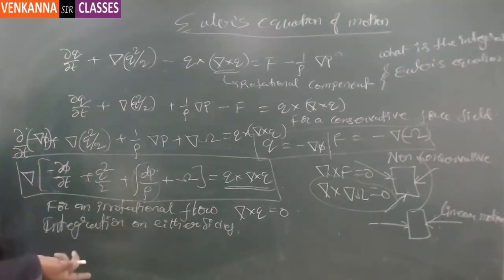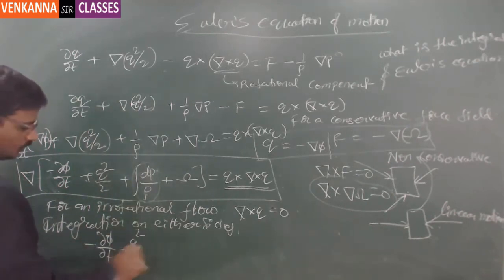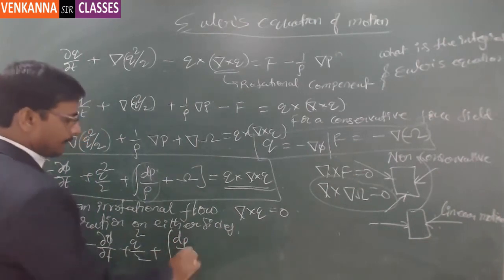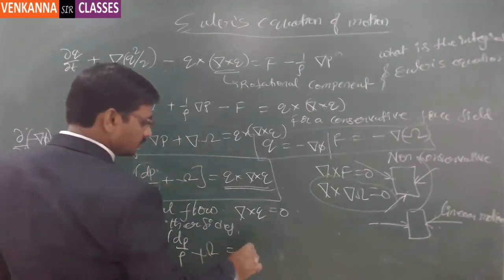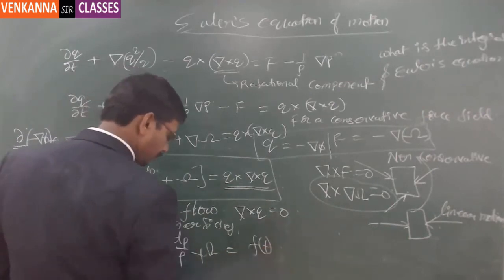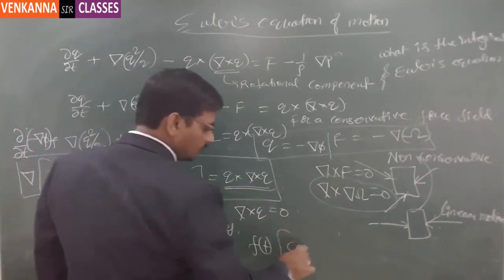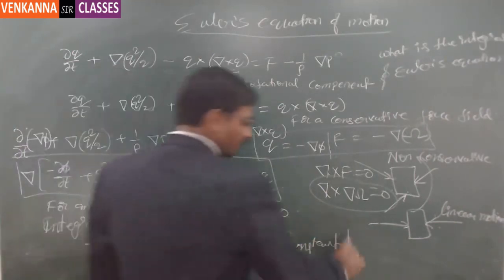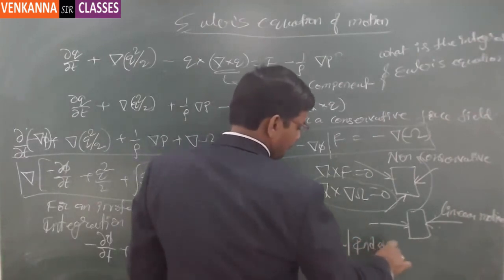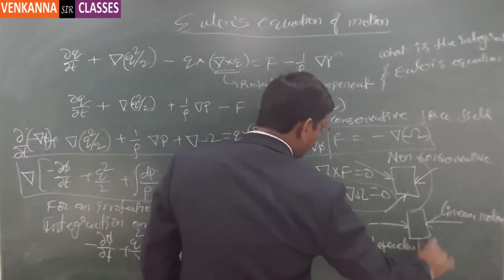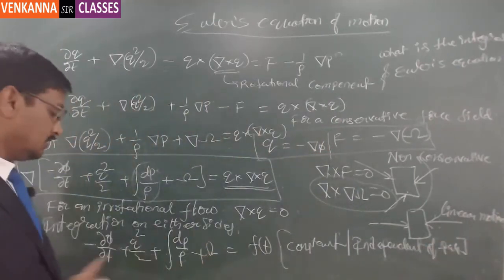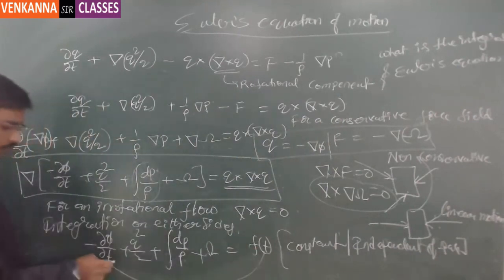So the constant may be a function of time. So this can be replaced with minus dou phi by dou t plus q square by 2 plus integral dp by rho plus omega is equal to some arbitrary function of time. So this is ideally the constant. Constant we mean independent of space.